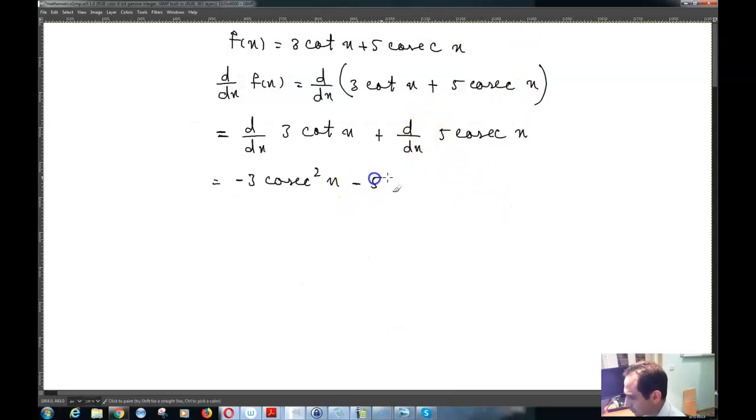So negative 5 times cosecant x cot x, which you can write in any way that you want. Part 5 is negative 3 cosecant squared x minus 5 times cosecant x cot x. That's basically the answer.